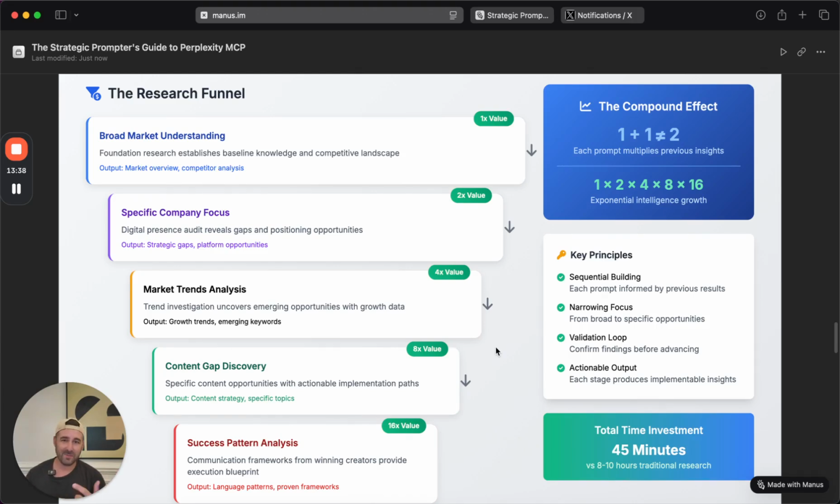Don't let the LLM take you on like a hallucination rabbit hole. Make sure that you're validating what it's giving you, and then actionable output. Each stage produces implementable insights. As I get each of these insights, I create markdown files and artifacts with them, decks like this, etc. So total time investment to go through this process, 45 minutes.